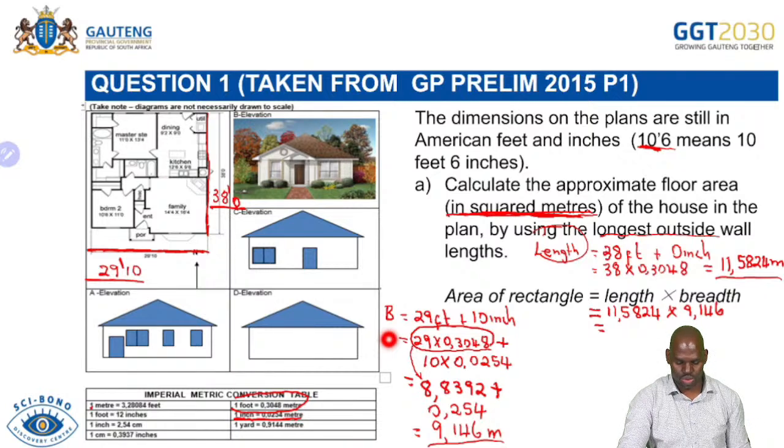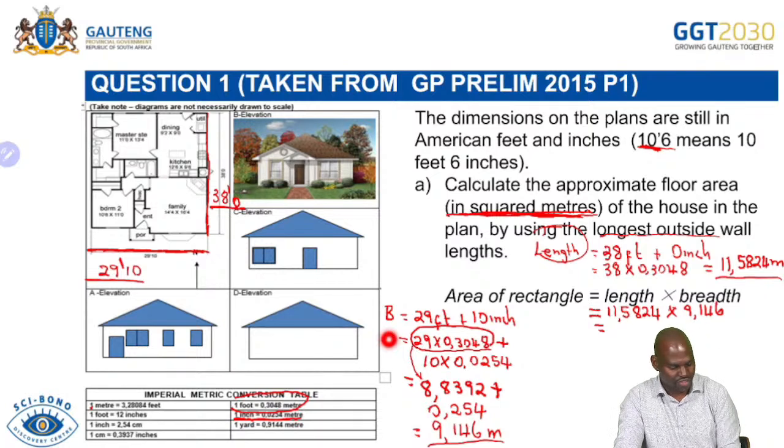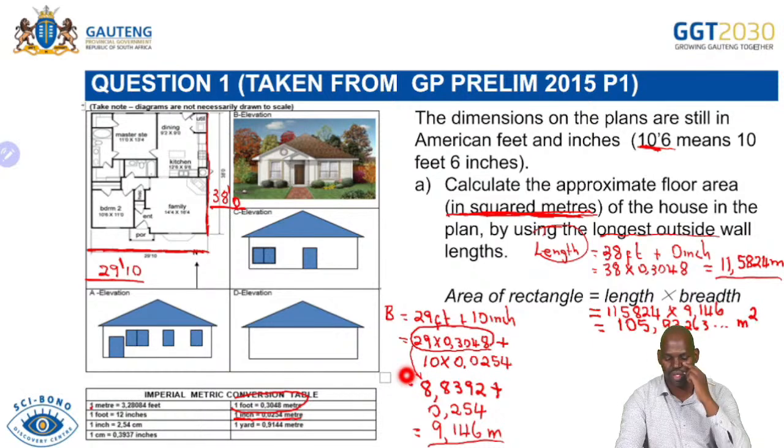If we multiply these two values, 11.5824 multiplied by 9.146, we get 105.93263 and so on. Then the answer is now in square meters.